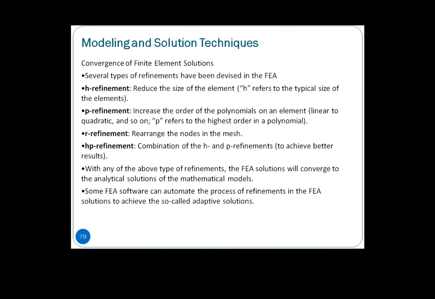It also allows us to change between linear and quadratic. If we want to go for quadratic, then we are looking into a P refinement. With any of these refinement types, your solution will converge to the analytical solution of your mathematical model.